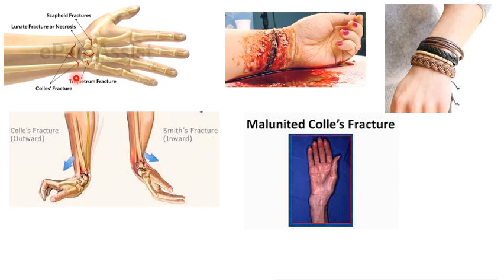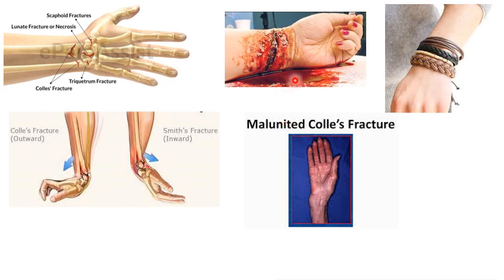Can be seen in Colles and Smith's fracture as well, where there is fracture at the lower end of the forearm at the wrist, and usually seen in Colles fracture malunion as well, where there is pull of the ulnar nerve and it can get compressed.